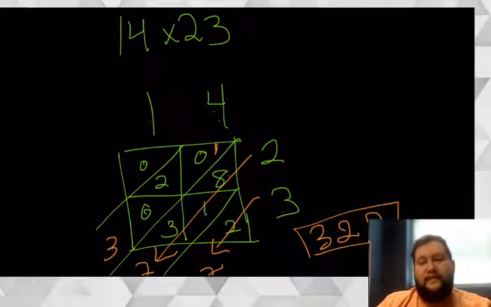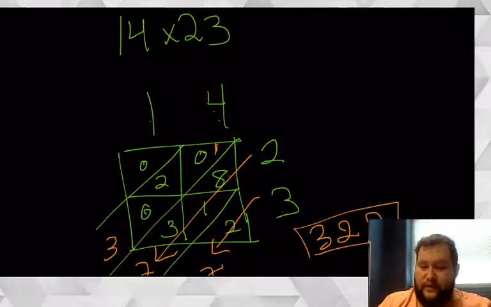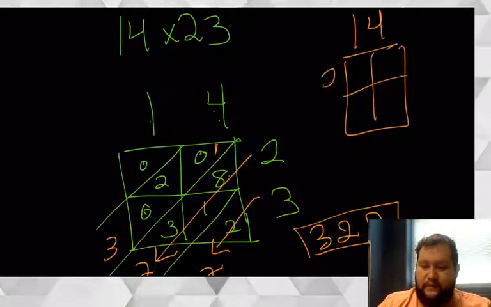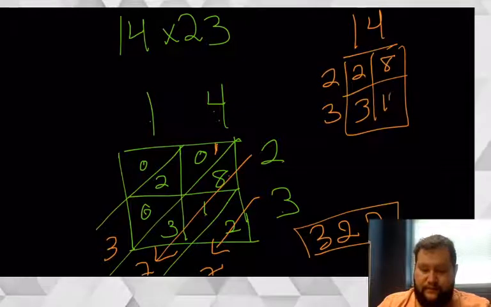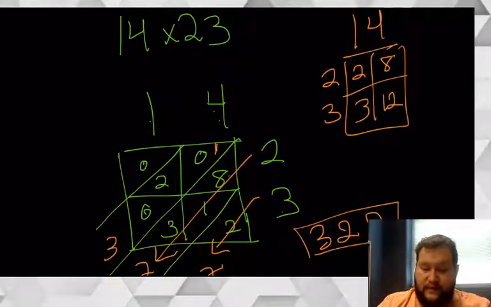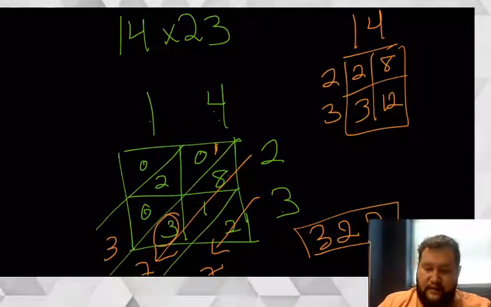And now why does this work? Why can we do this? Well, 14, 23, 2, 8, 3, 12. Notice all of those are the same numbers we see. We see our 3, our 8, our 12, our 2.